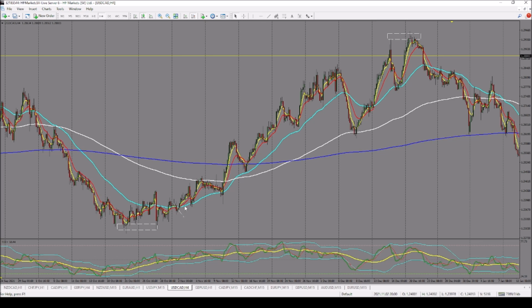In my case, my 13 is the one in red and my 50 is the one in blue. Then a floor and a retest of the 50 EMA will give us an entry point.